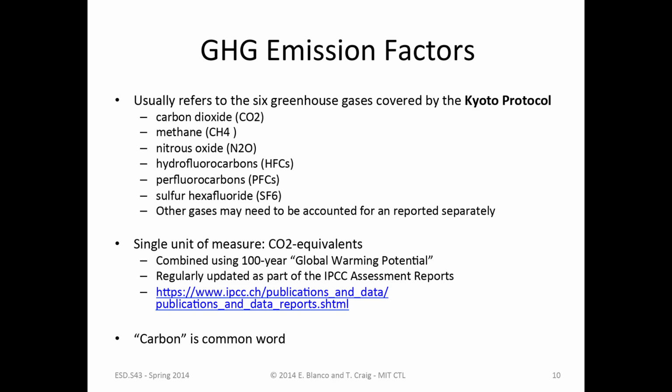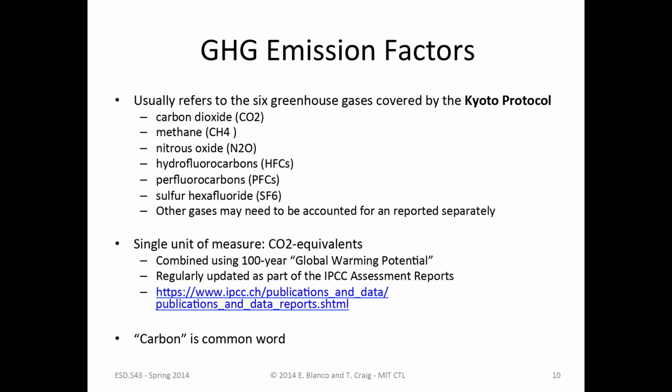Every kilogram of methane you would multiply by its global warming potential to determine how much carbon dioxide that would be equivalent to. And so all of these factors that we give are in terms of carbon dioxide equivalents, because they're incorporating the amount of methane and nitrous oxide that might be emitted as well.